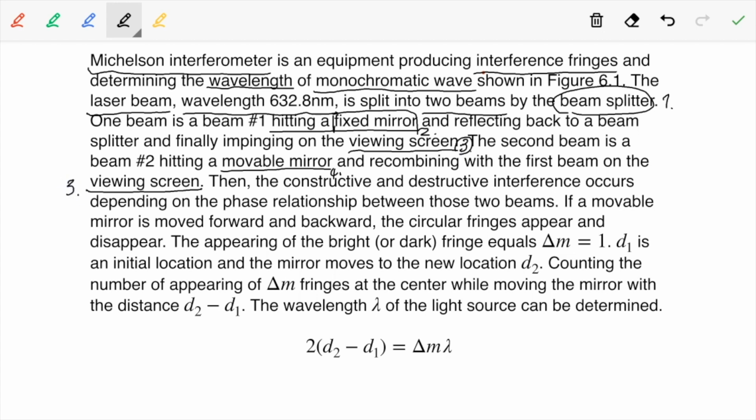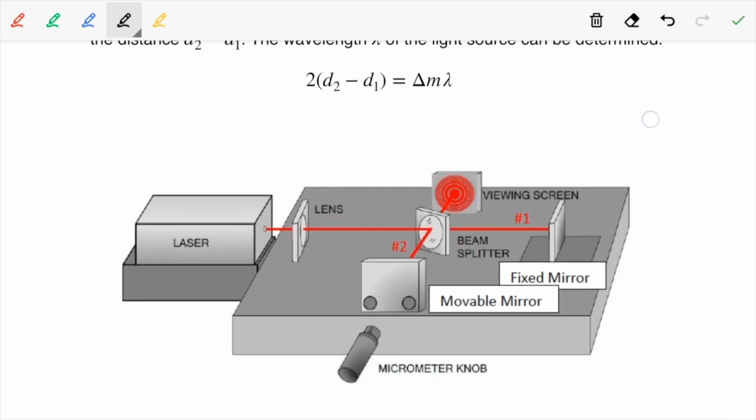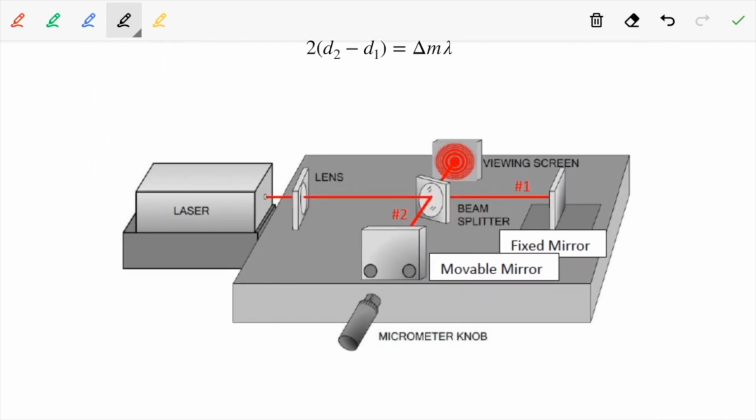This is the whole process of the interferometer. Coming here directly: first of all, it's a laser, a helium neon laser. Then we pass a lens, then go to the beam splitter.